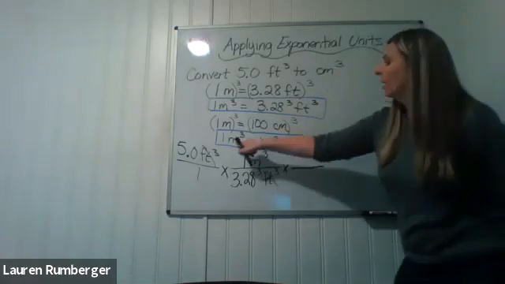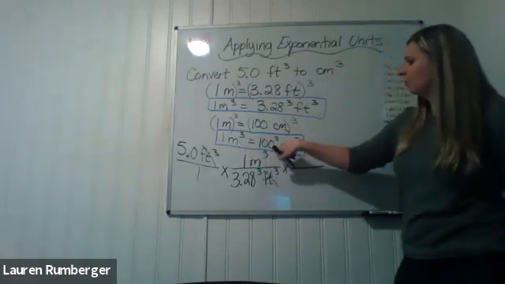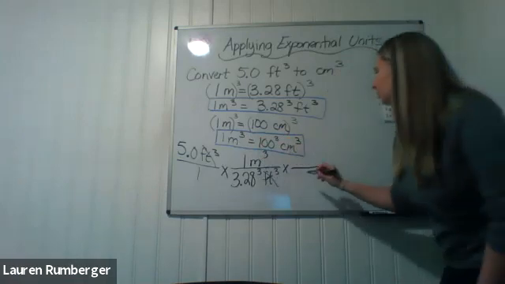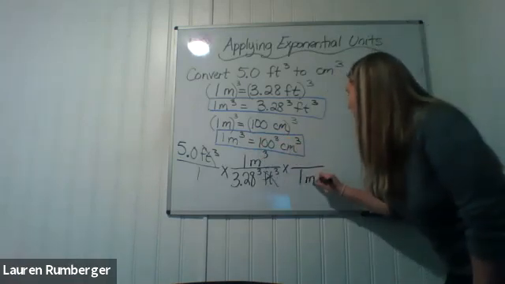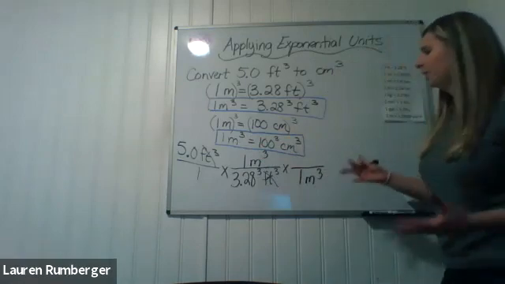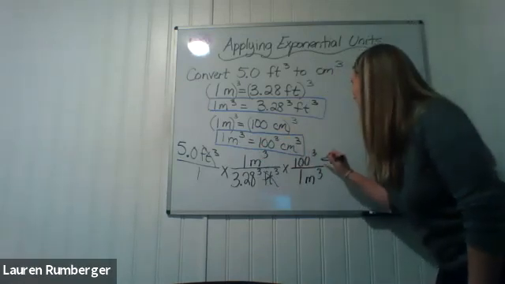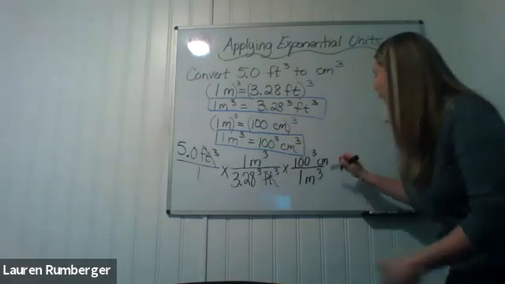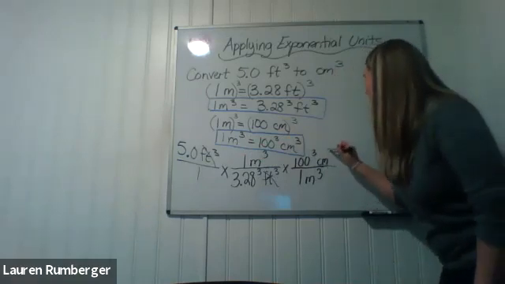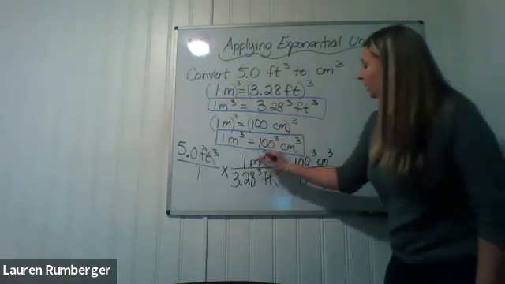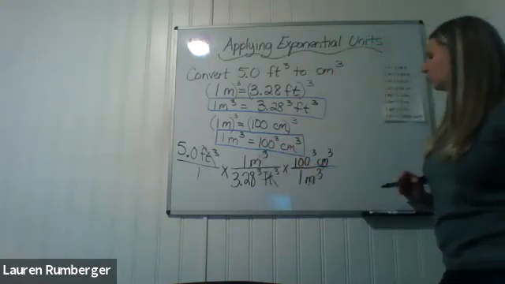So now 1 meter cubed is equal to 100 cubed centimeters cubed. So 1 meter cubed, or cubic meter, is 100 cubed times, or with the units, centimeters cubed. Okay, so we're going to cancel the cubic meters.